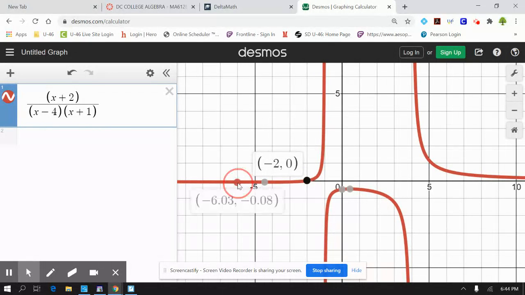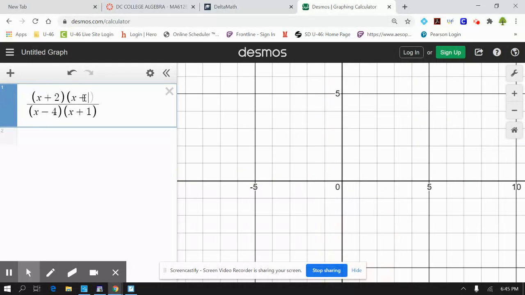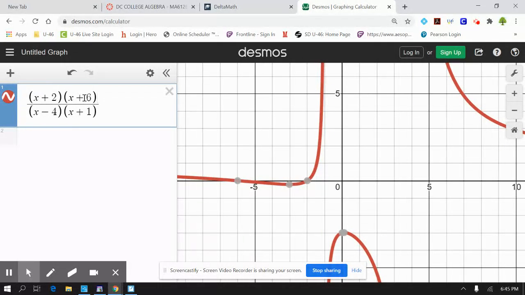So how do I get a 0 right here? Right now, as it stands, -6 produces -0.08. But I want -6 to produce 0. So how would I do that? You would go to the numerator and type in x plus 6. Now look at the numerator. There are two things that equal 0. One is -2, and the other one is -6.